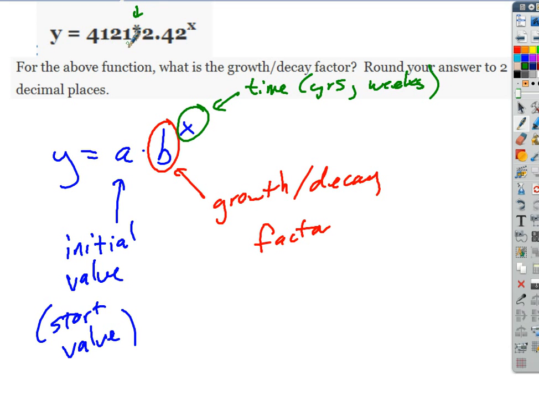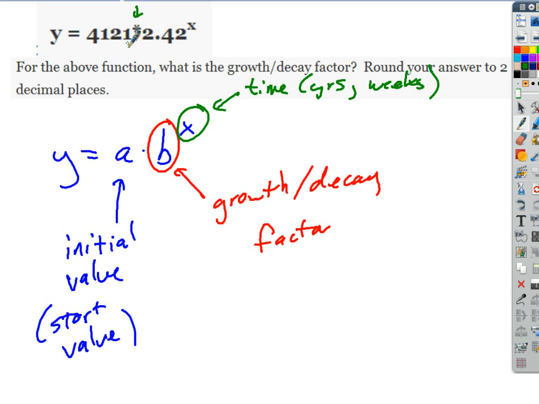What's the growth factor? 2.42. So what that's telling us is that every time x increases, the size of this function is increasing by a factor of 2.42. When x is 0, it's 4121. When x is 1, after say 1 year, we multiply that initial value by 2.42 to the 1, so it increases by that much.